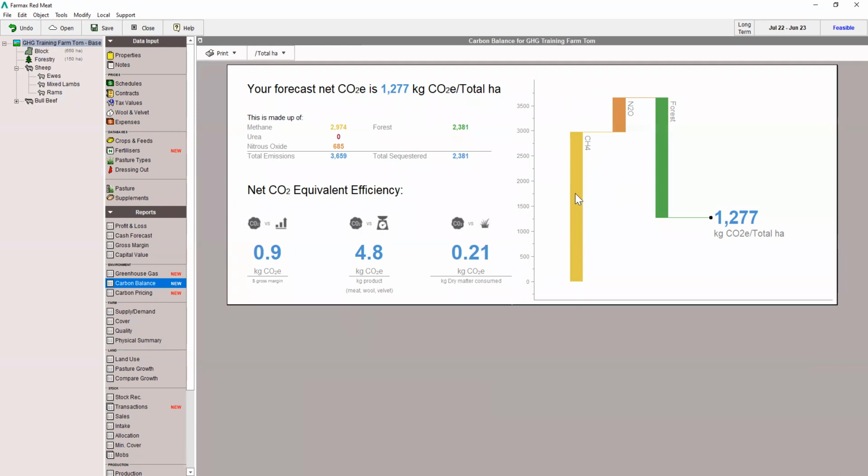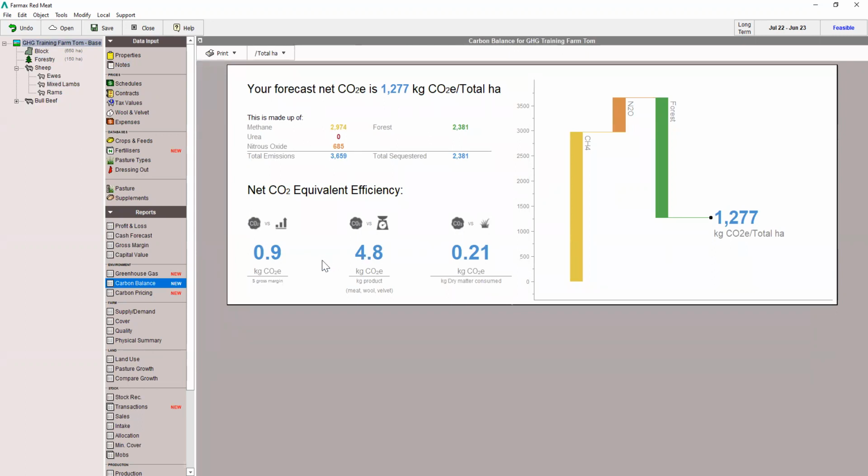That's what's showing up here with methane and nitrous oxide. And I can see that my forestry block is offsetting quite a bit of those emissions. So the total emissions is about 3.66 tonne. We sequester about 2.38 tonne, and that gives us a net amount of about 1.277 tonne of CO2 equivalents per hectare.